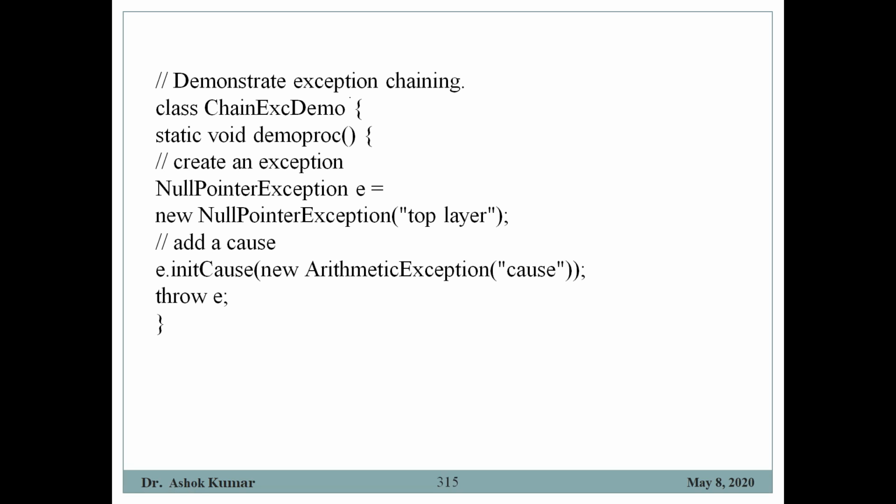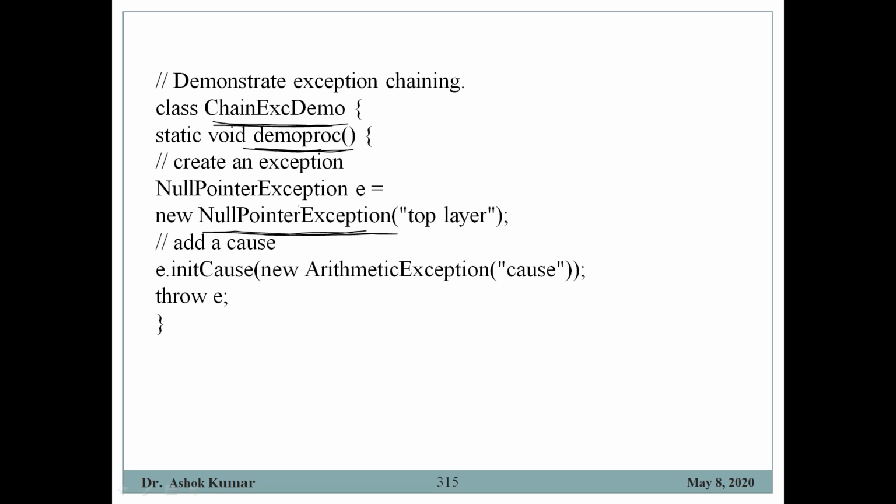In this example we have one ChainExceptionDemo class, and in this we have one static method, demoProc. In demoProc, we are creating the object of the NullPointerException class, and we are assigning a description to that, and the description is "top layer". This will be passed on to NullPointerException, and NullPointerException will in fact call the Exception class constructor.